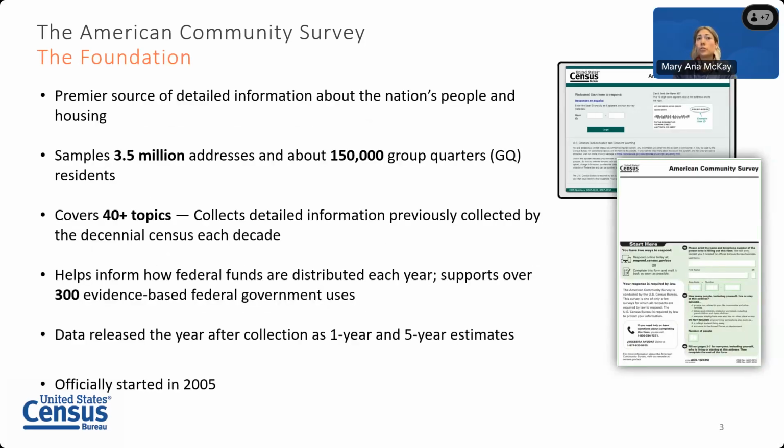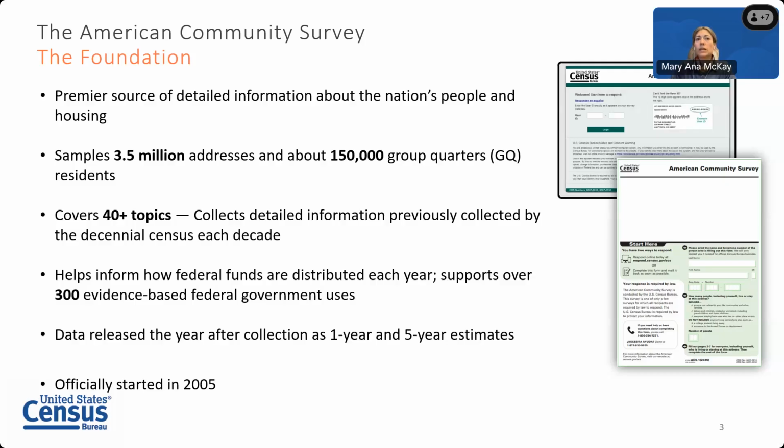So the American Community Survey is the premier source of detailed information about the nation's people and housing. The survey samples about 3.5 million housing unit addresses each year. These data are collected continuously throughout the year to produce annual social, economic, housing, and demographic estimates for communities throughout the 50 states, District of Columbia, and Puerto Rico. The estimates cover more than 40 topics.